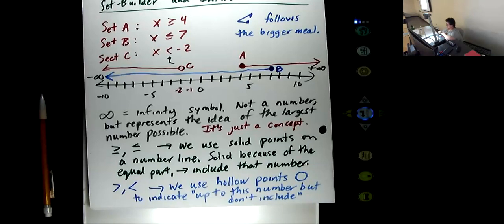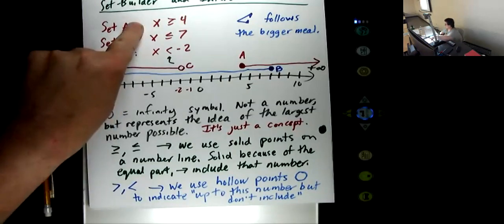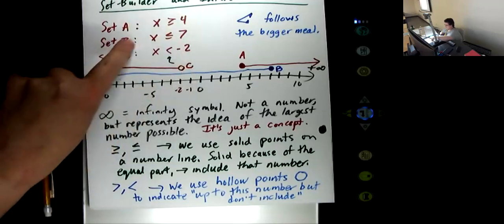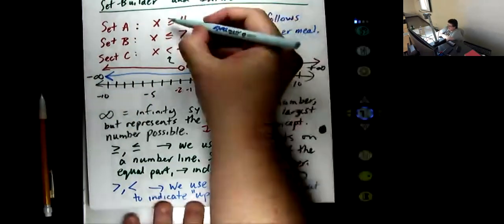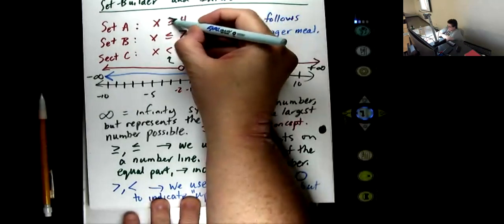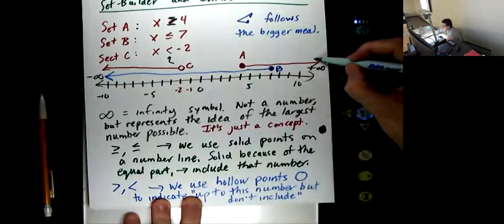If you have the X on the left, this is pretty handy. If you have these where the X is on the left, not on the right, the alligator mouth actually looks like an arrowhead. X is greater than 4 looks like an arrow pointing to the right.